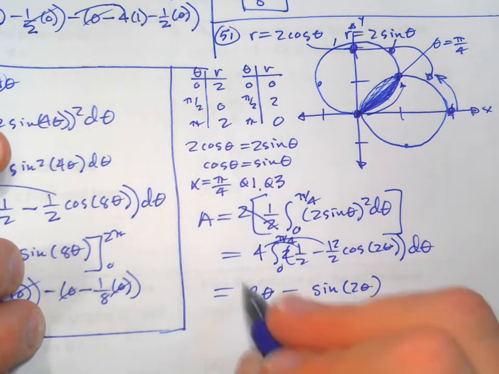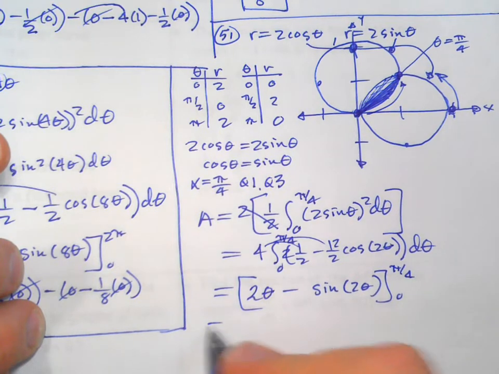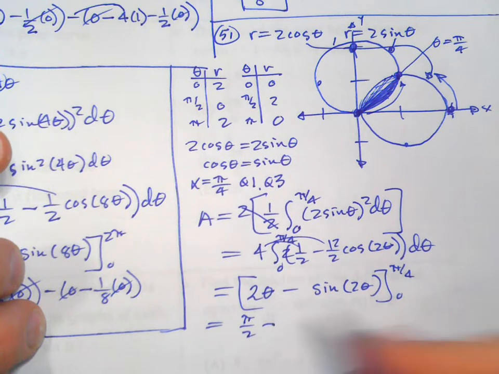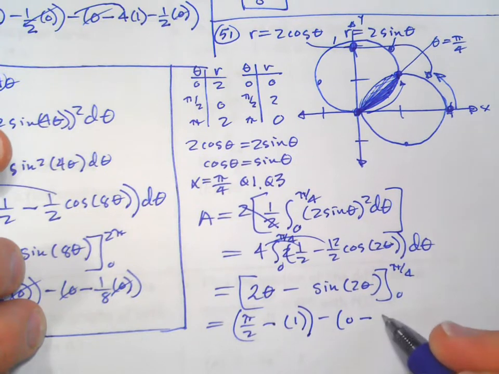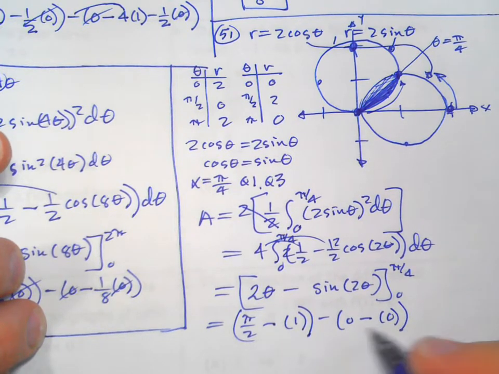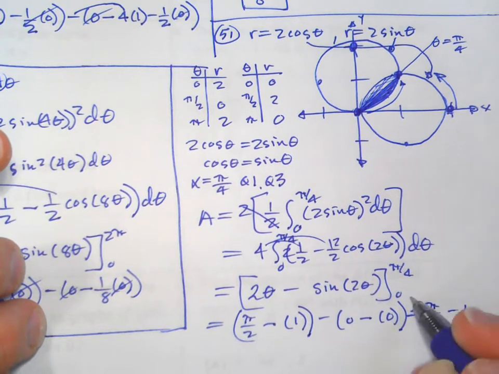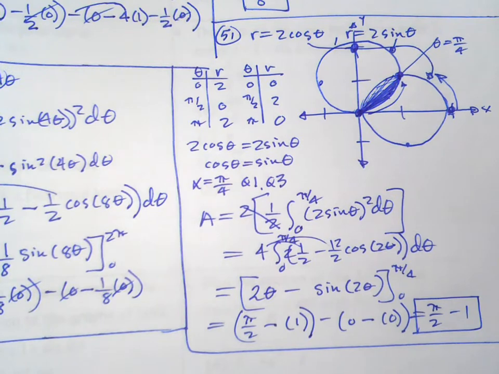So it just leaves you with 1, from 0 to pi over 4. Plug pi over 4 in and get pi over 2. Sine of pi over 2 is 1. Sine of 0 is 0. So we get pi over 2 minus 1. That's what I would do.